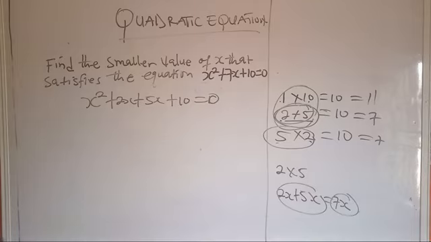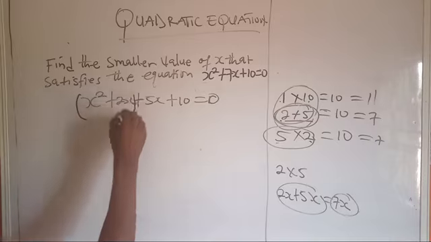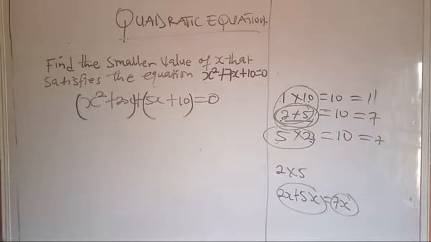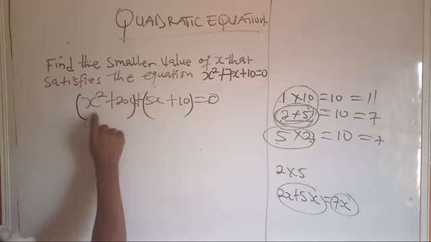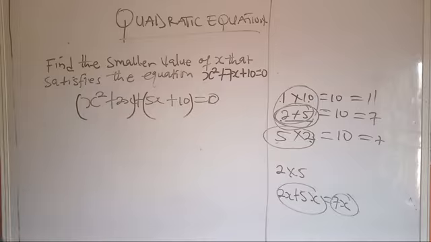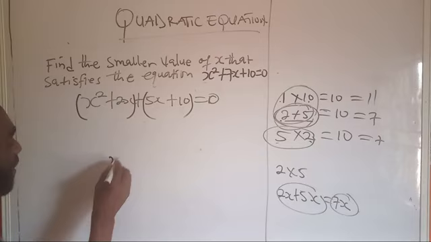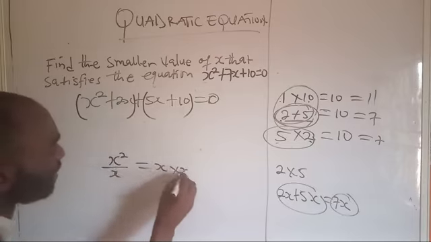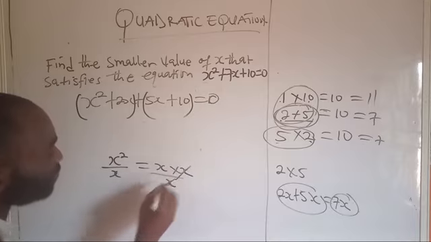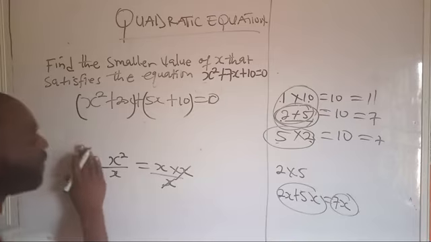So now, since we have done this, the next step is to insert your bracket, that is 2 2. After inserting your bracket, you find the highest common factor in each of the brackets. The highest common factor in the first bracket is x. x squared divided by x is the same thing as x times x dividing x; x will cancel one x, and you're going to have only one x.